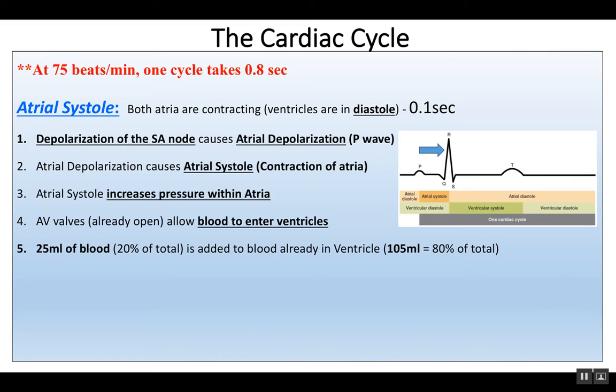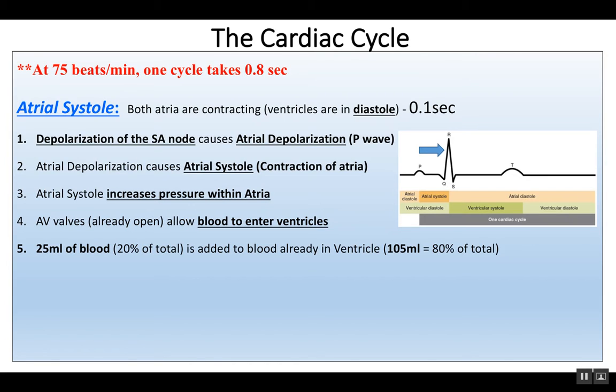Well, the ventricles actually will fill mostly during the relaxation period. And then during atrial systole, we top them off with about 20%. So 105 milliliters are in those ventricles waiting. And then during the atrial contraction, we add 25 milliliters to reach 130 milliliters.